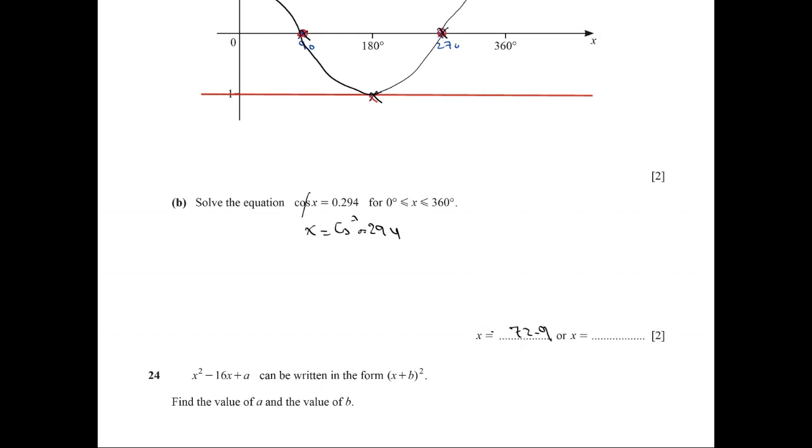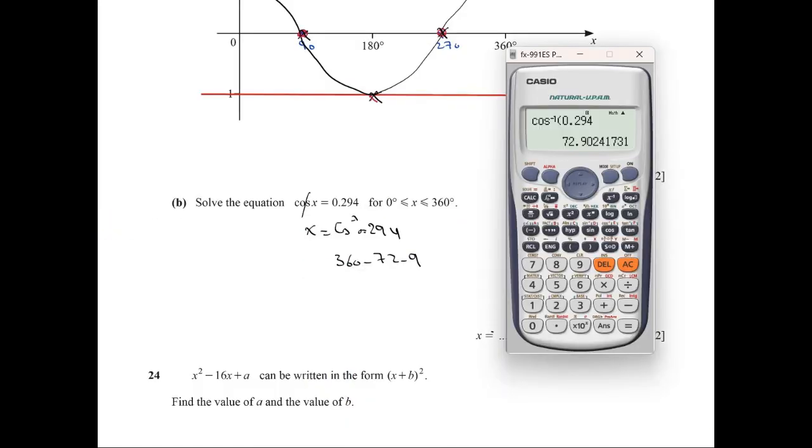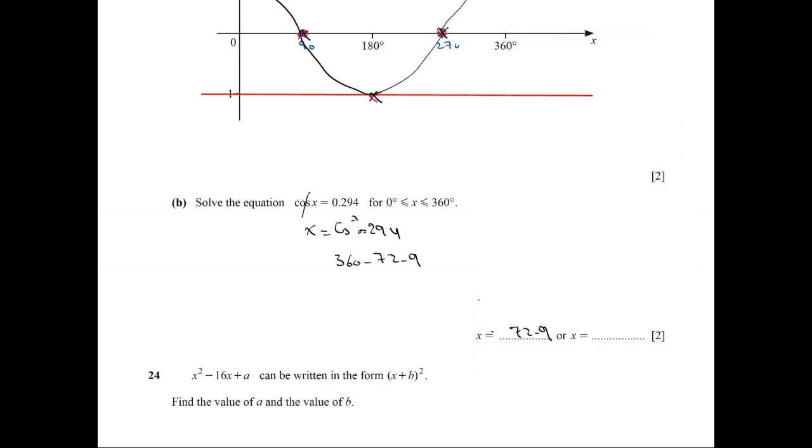Since cosine is positive, the other solution will be in the fourth quadrant, which is 360 minus 72.9. 360 minus 72.9 is equal to 287.1.